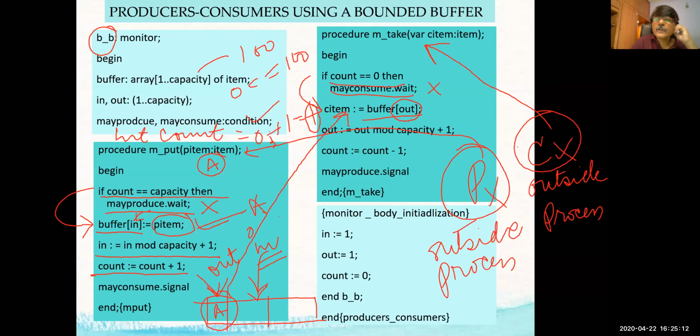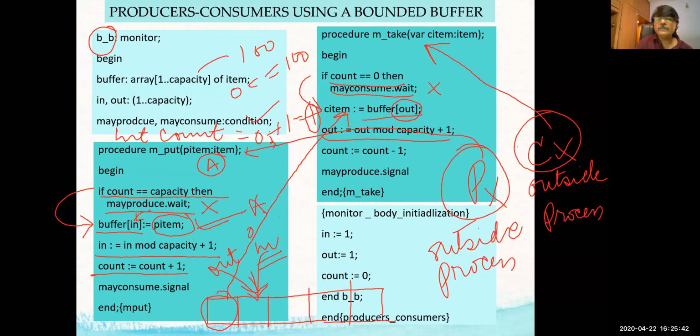Right? Next, out is incremented to out mod of capacity plus 1. So this information is removed from the buffer. So out is pointing to the next full location. So there is no full location. Out is pointing to the same location where in is pointing. If in and out are pointing to the same location, that also means the buffer is empty.